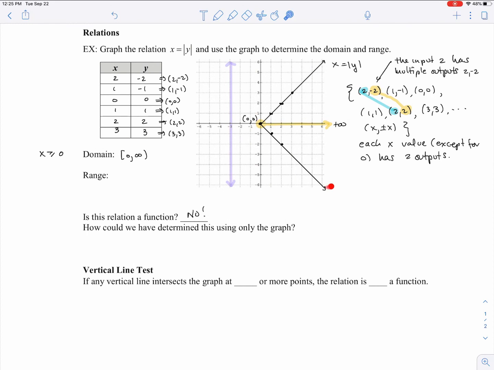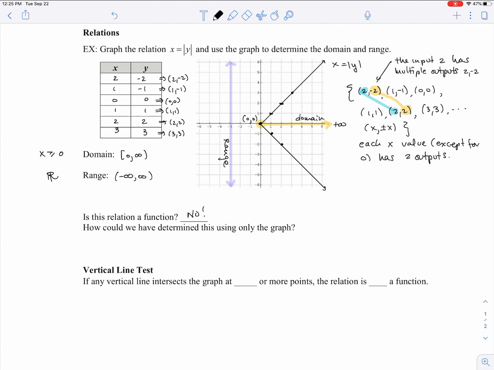As indicated by these arrows that I've drawn here, this graph will continue down forever as far as the y values, as well as up to positive infinity. That is to say, it will obtain every value. So we might say that the range here is negative infinity to infinity, or we might use the symbol for all real numbers. So this was the domain, and this was the range, x versus y.